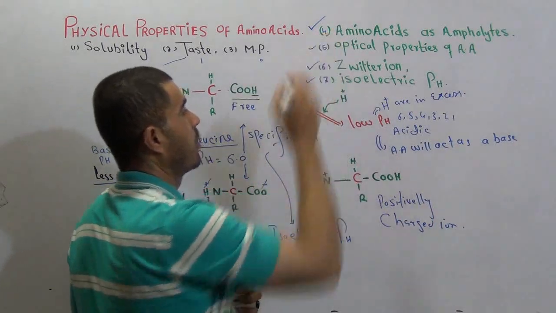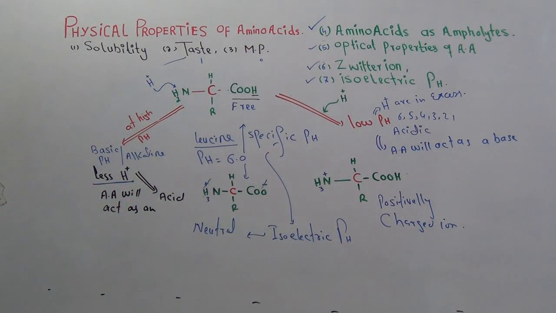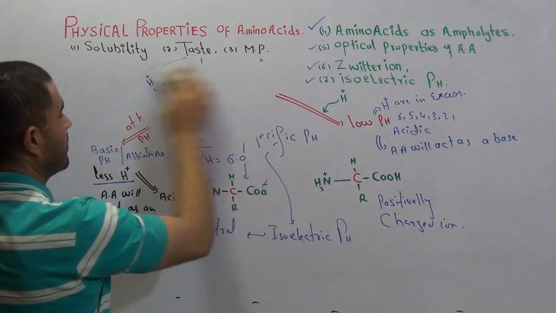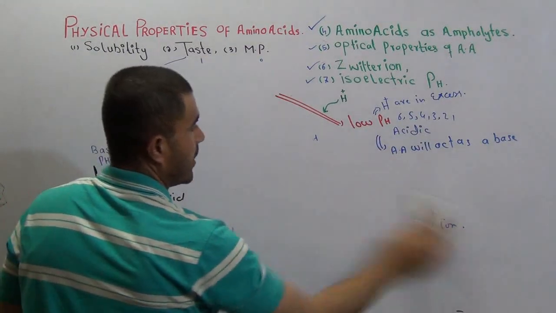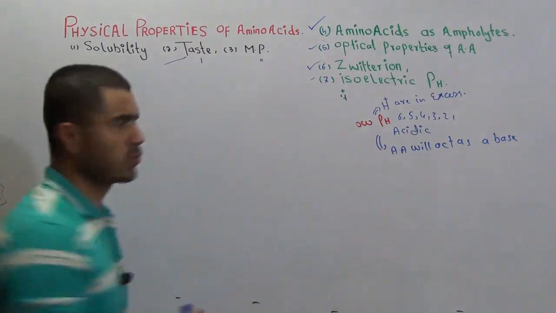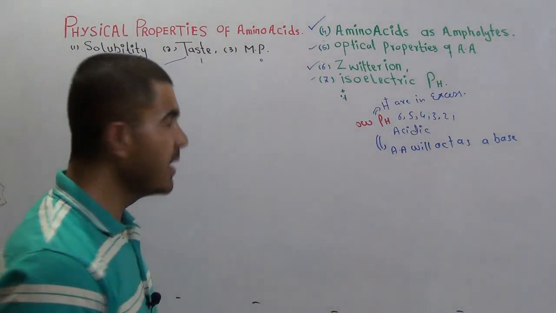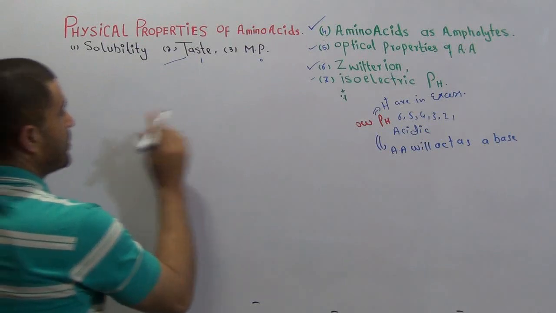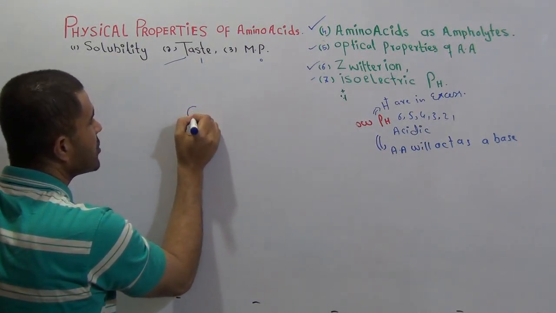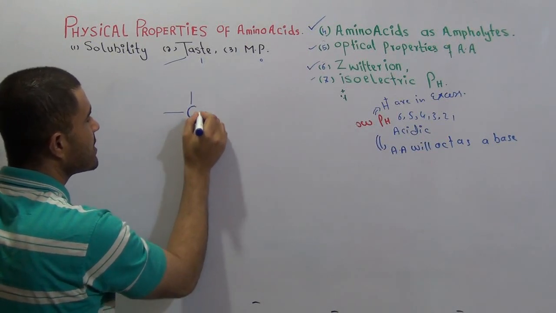Now the last one is the optical properties of the amino acid. Let me tell you something about optical properties of amino acids. We have discussed this topic of optical isomerism in the chapter of carbohydrates in great detail. Once again, optical properties mean that a molecule contains an atom at which 4 different groups are attached.